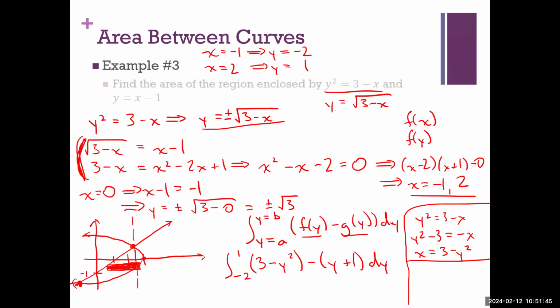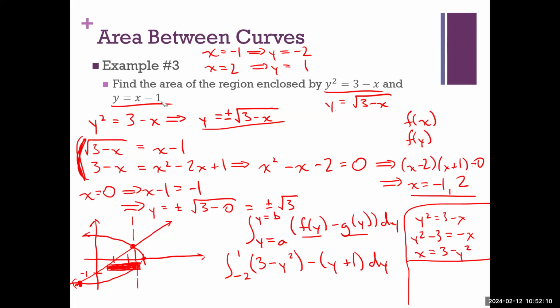Here's the thing that I might encourage you to focus on instead. Y equals x minus 1. Is that a function of x? Is y a function of x there? Let's unpack what I mean by that. What makes a function a function, by definition? For every one input, I get exactly one output, right?